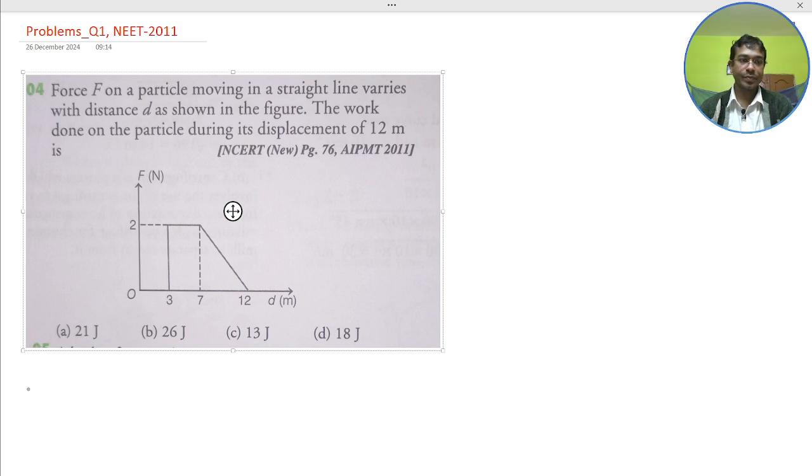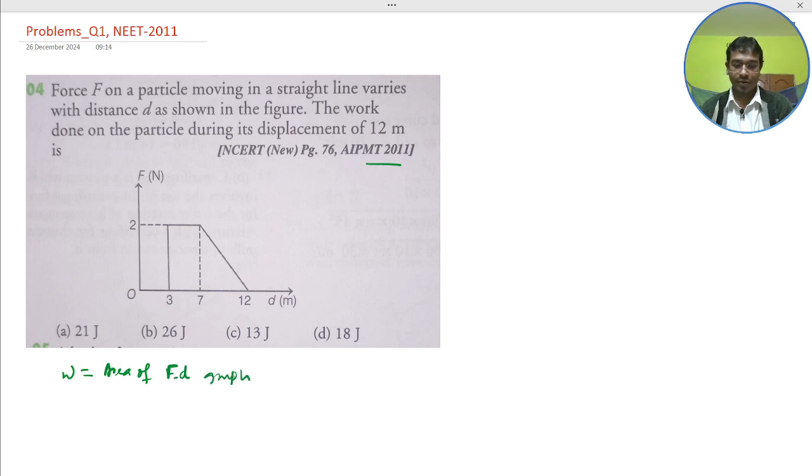For solving this, 2011, we know the work done is the area of the force and displacement graph, the F-d graph.